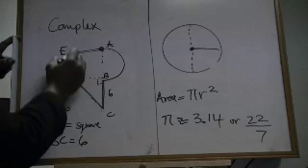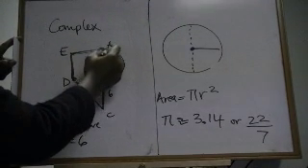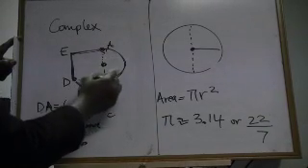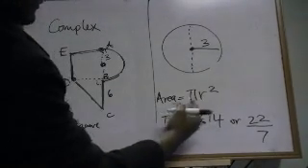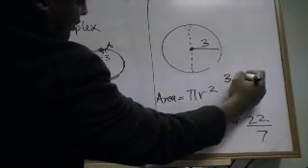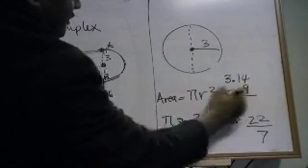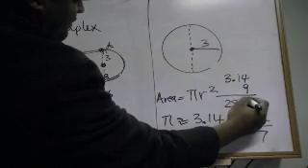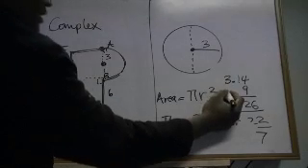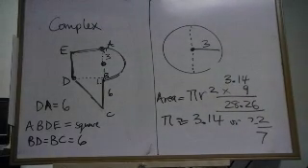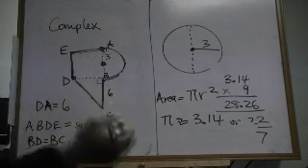Now, I know that this is 6, because this is a square right here. So this must be 6, the diameter of this semicircle. So the radius must be 3. So using that radius in my formula, I can say 3.14 times the radius squared, 3 squared is 9. I just multiply and get my result. Now, that is the area of a circle with the same radius.